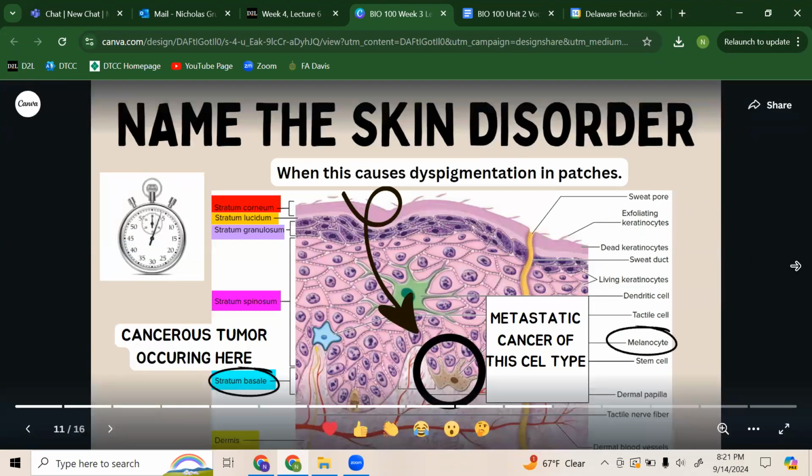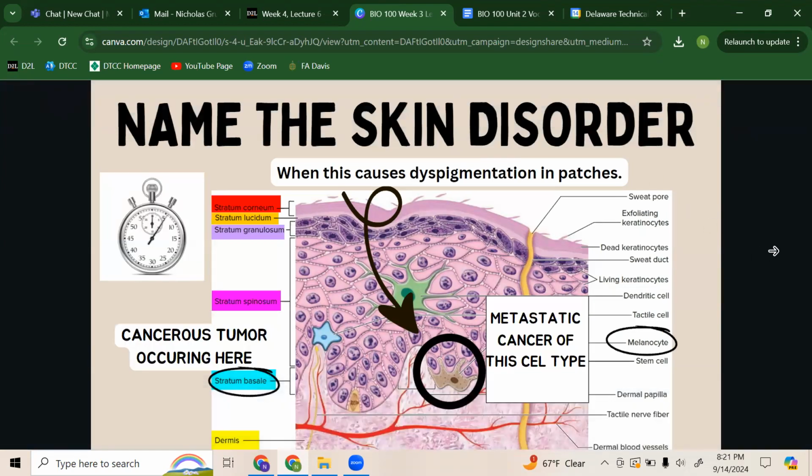Okay, we're going to go through a little bit of this together because not quite all of these are right directly from the list. So take a second, pause the video again. I'll give you a couple hints here. Metastatic cancer of this cell type, we're talking about the melanocyte. You should be able to come up with that one with your word parts. The cancerous tumor occurring in the stratum basale, you should try to find that one down in your abbreviation section of your integumentary vocab list.